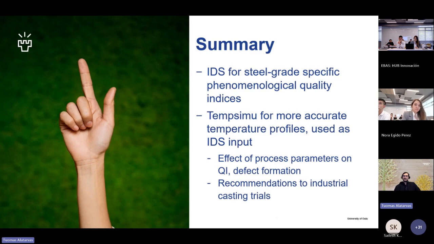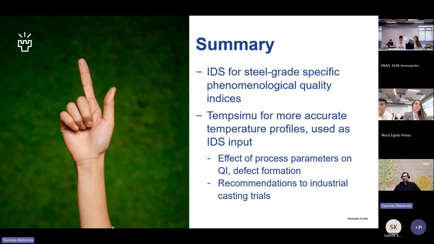As a summary, I can conclude that using IDS we can first investigate these steel grade specific phenomenological quality indices, and also utilizing TempSimu we can obtain more accurate temperature profiles which can be used as IDS inputs.